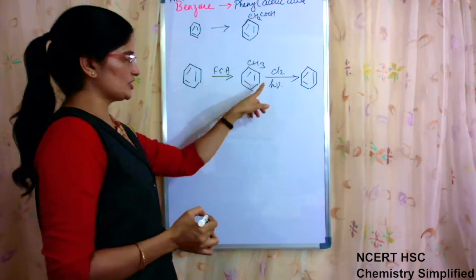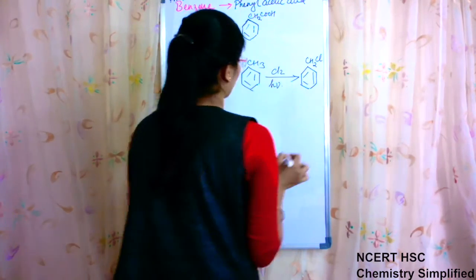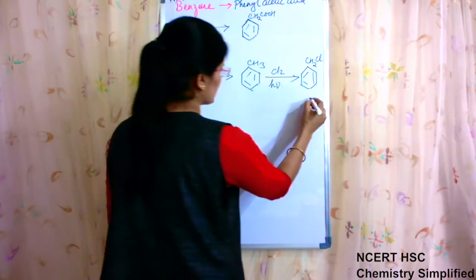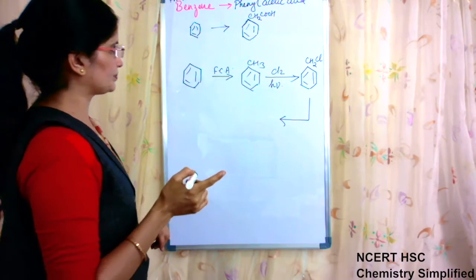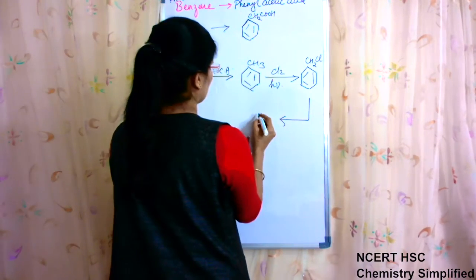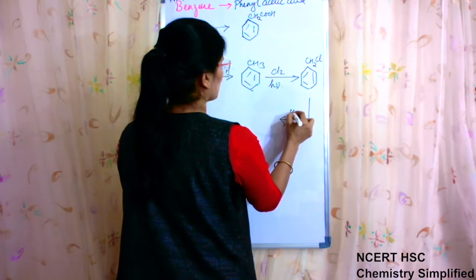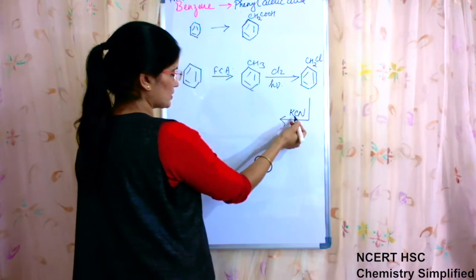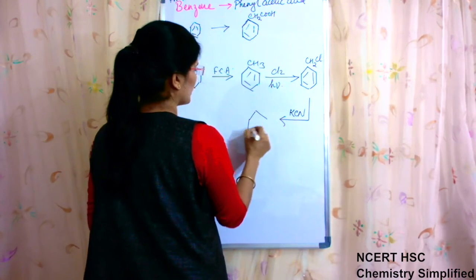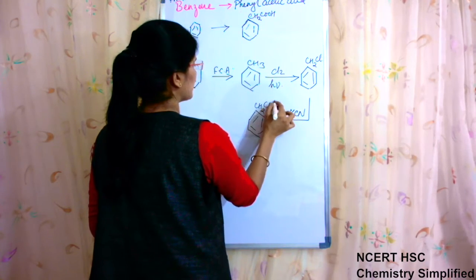Why we are doing side chain halogenation, you will understand. CH2Cl. Once the halogen group is introduced, now we want to introduce one more group like KCN. When halogen derivatives react with KCN, we know that cyanides are formed. CH2CN.